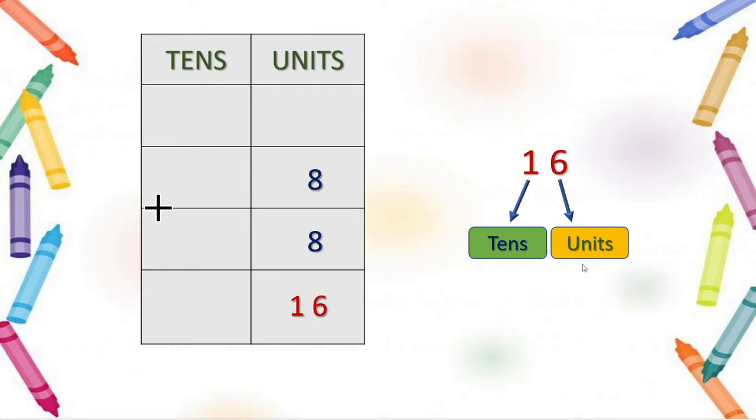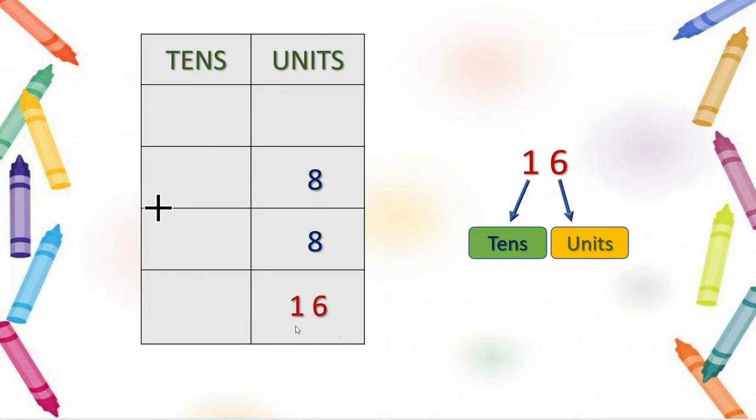Yes, 6 is in the units place because it is at the extreme right, and 1 is on the left side. So it will remain in the units column. It has a right to remain in the units column. 1 is extra and that is in the tens place.